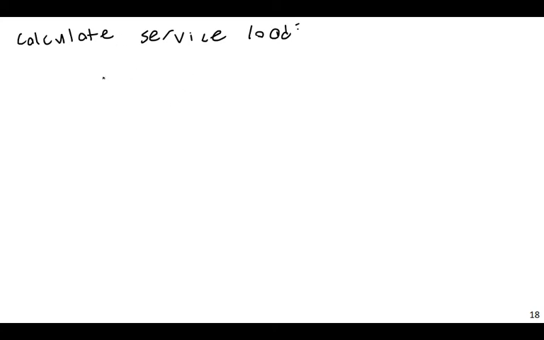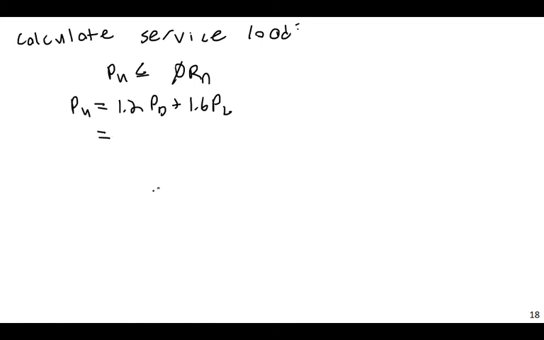P ultimate is less than or equal to phi Rn, and we already have that, phi Rn is going to be that 176.2. P ultimate here is going to be equal to 1.2 times P dead plus 1.6 P live.